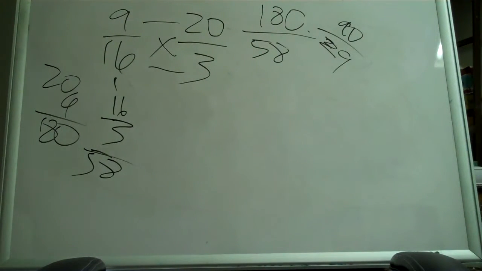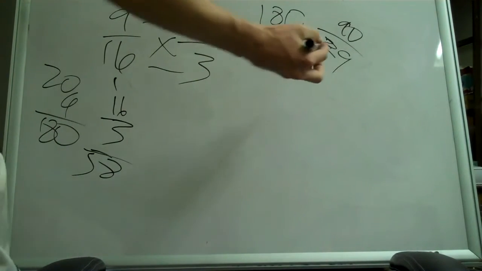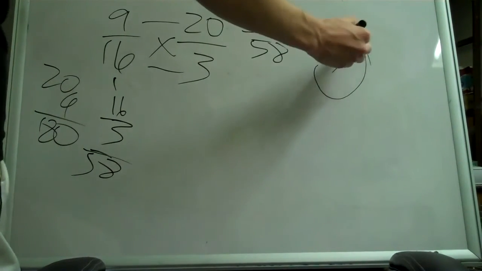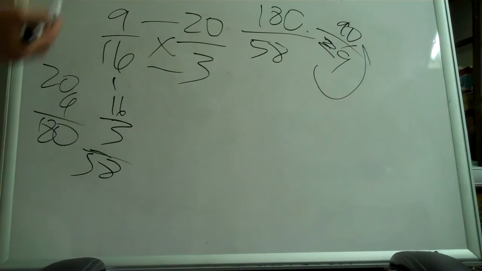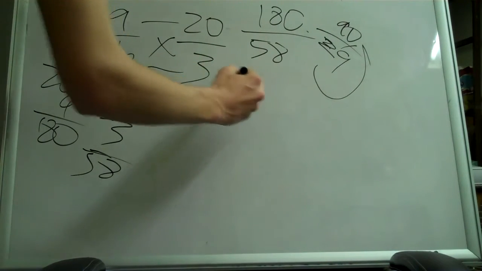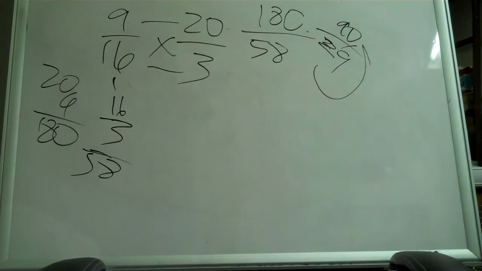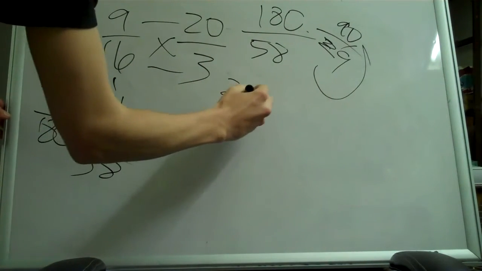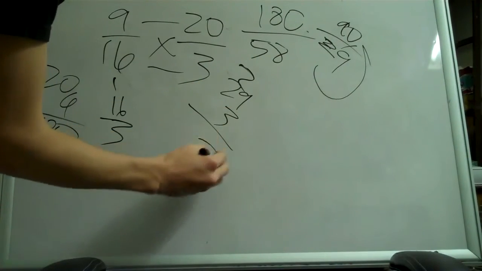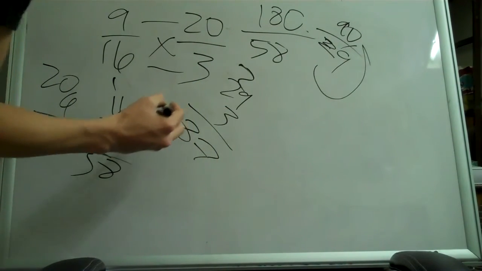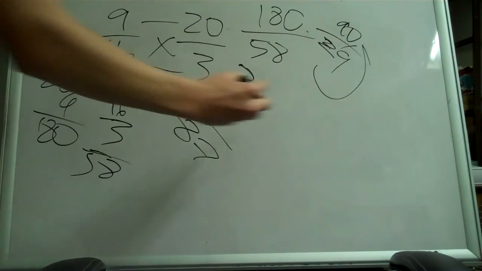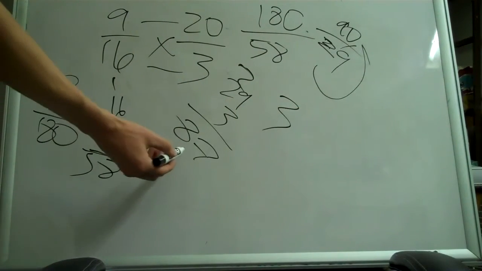You convert it back to a mixed number, and the way you do that is you think, how many times can 29 go into 90 without going over? Well, 29, 58, 92, so only 2 times, wait, 3 times, 29, 87, yeah, it doesn't go over, so 3 times, and you have 3 left over.